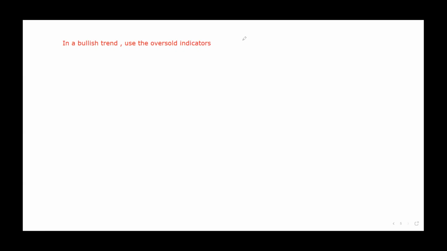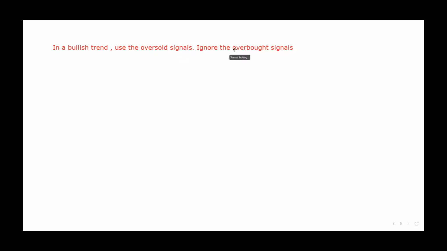But in a bearish trend, okay, let me complete it. Ignore the overbought signals. Okay, I think it should be signal, not indicators. Right? In a bullish trend, use the oversold signals. Ignore the overbought signals.